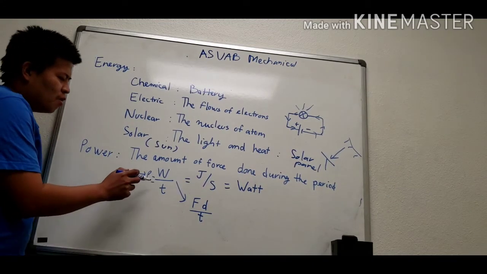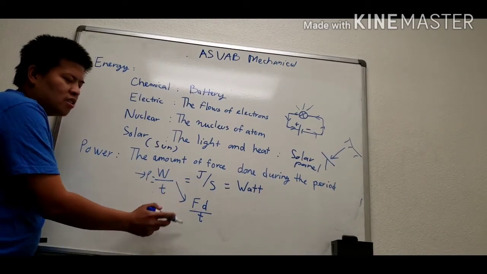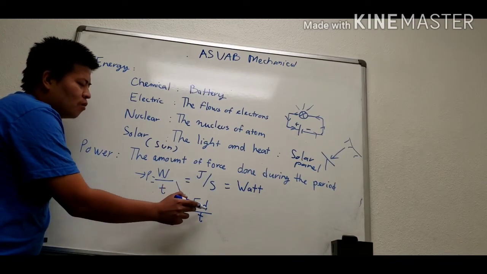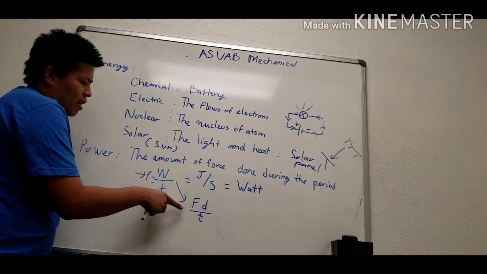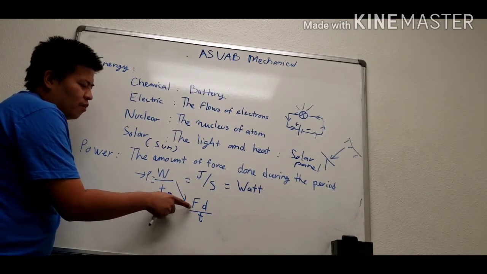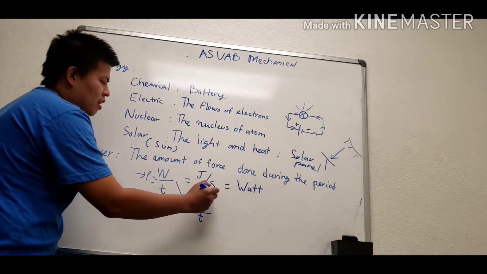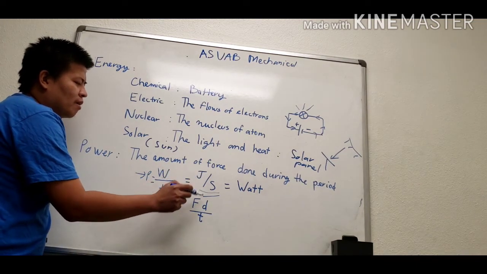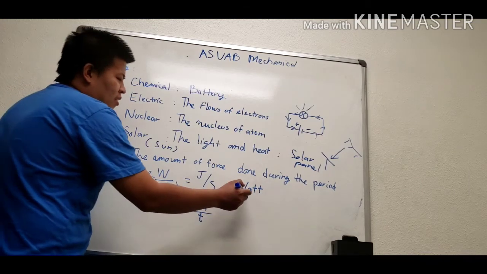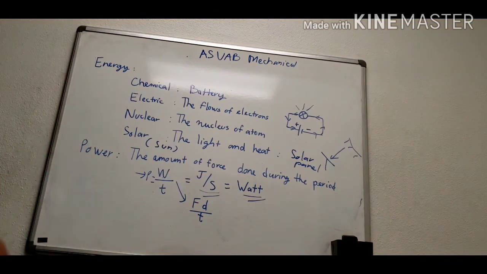So we have the formula: work divided by T, and the work we just learned is force multiplied with the displacement divided by T. So we have the formula F multiplied with D divided by T. Another thing we need to concentrate on is the unit. The unit of the power is joules divided by second, and we have another unit that's watt. This is so important for the test, and this is on the ASVAB Mechanical Comprehension.